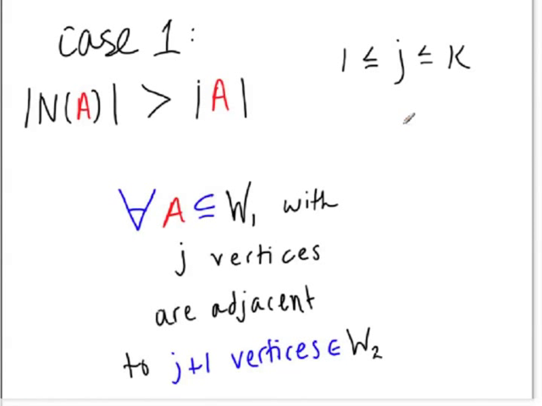And basically, from our graph we defined previously, our graph H, the bipartition with W1 being the first vertex set, we have for all subsets of this with j vertices that are adjacent to j plus 1 vertices in its second vertex set, with j being less than or equal to k and greater than or equal to 1.